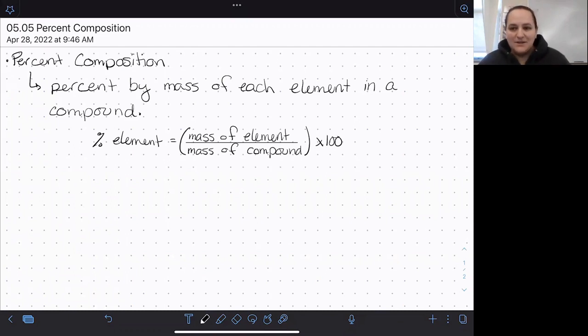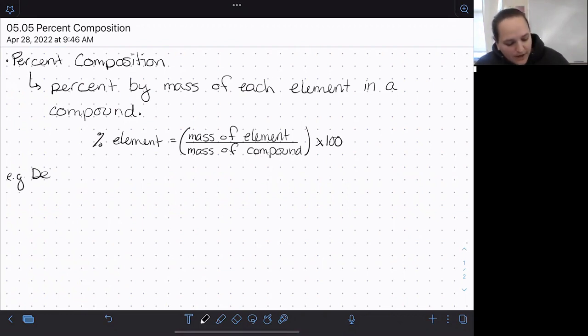So not really any different than figuring out the percentage of anything. Part divided by whole times 100 gets you the percent of that thing. So, for example, if we know the formula of something, we can just calculate the percent composition.